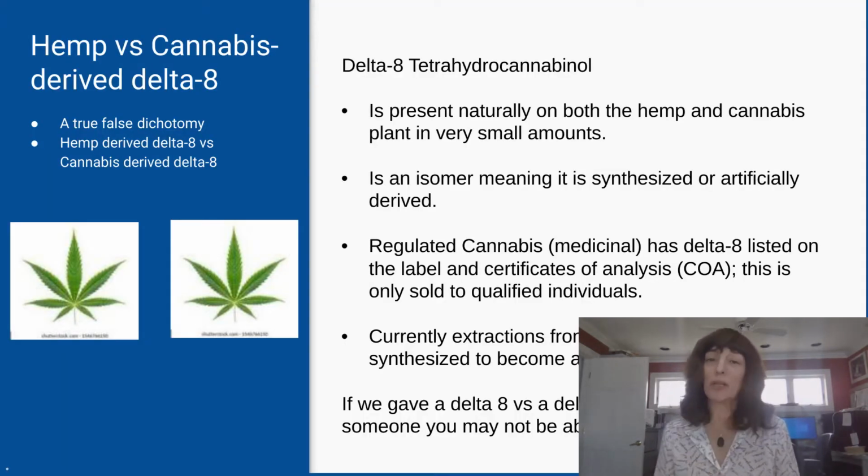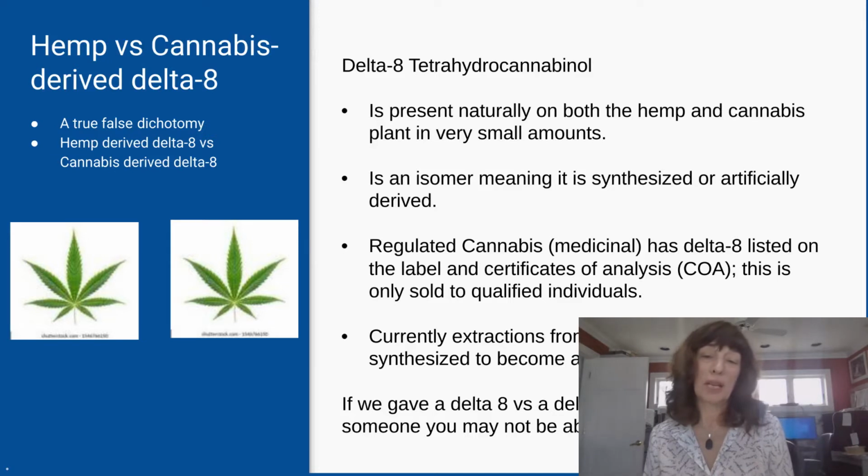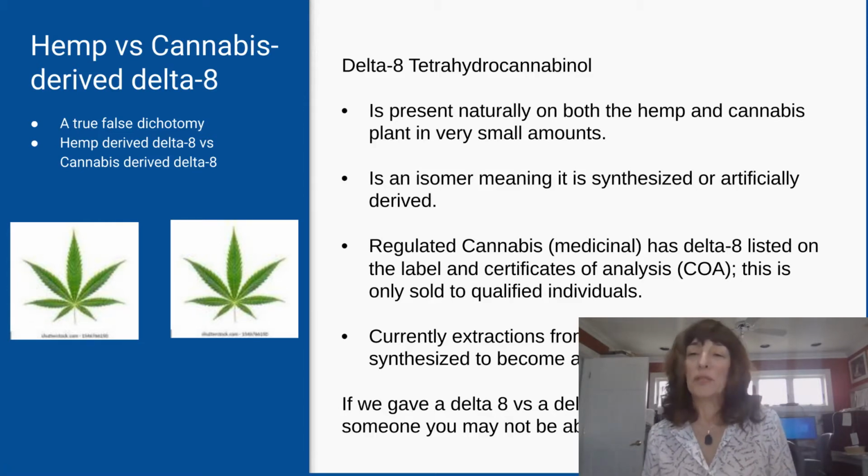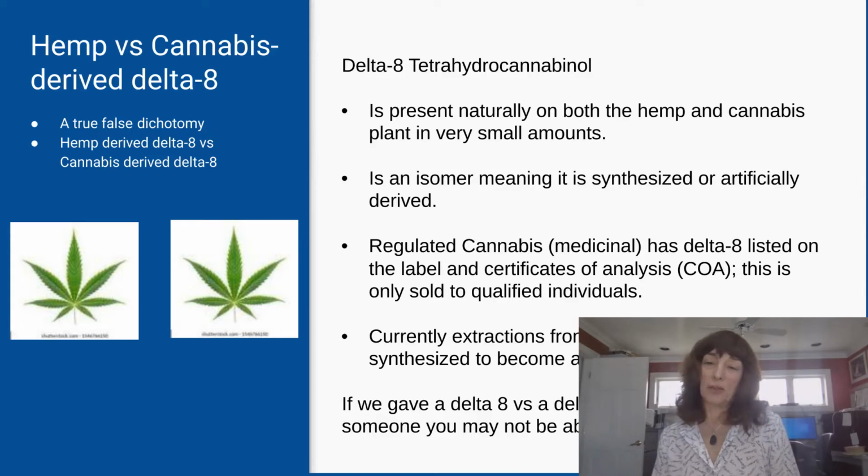So a little bit more on hemp versus cannabis-derived delta-8. It's a true-false kind of dichotomy: hemp-derived delta-8 versus cannabis-derived delta-8. Delta-8 is present naturally on both the hemp and cannabis plants, however, in very small amounts. It's an isomer, meaning it's synthesized or artificially derived, especially from the hemp products.